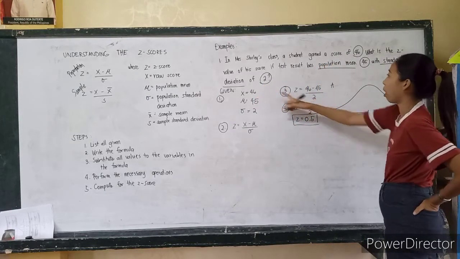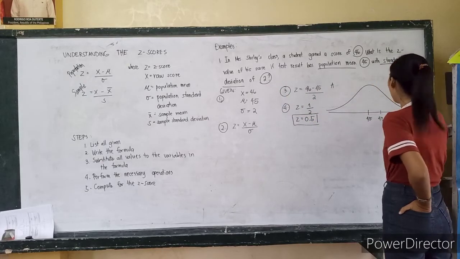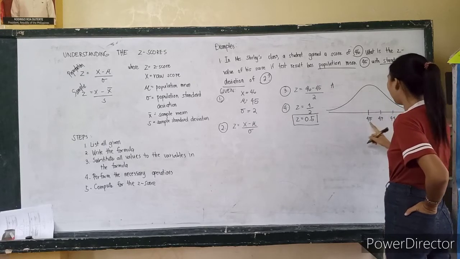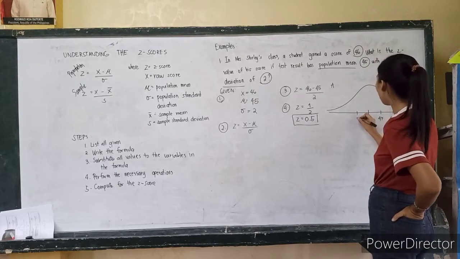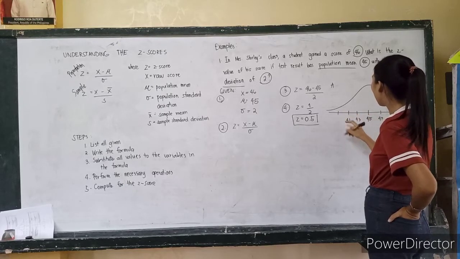So, 45 plus 2 is 47. Klaro? 47 plus 2, that is 49. 49 plus 2, that is 51. Diri sa pikas, mag-minus. 45 minus 2, that is 43. 43 minus 2, that is 41. 41 minus 2, that is 39.